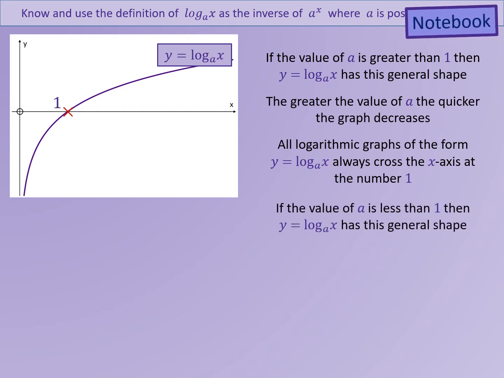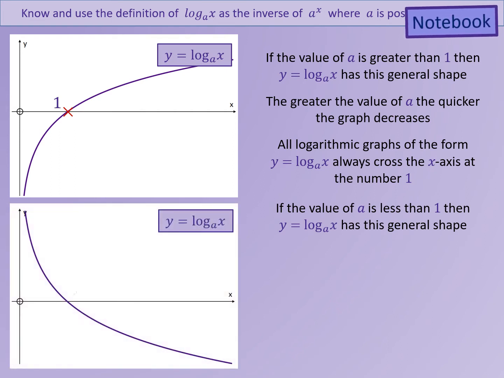If, however, the value of a is less than 1, so I'm talking here about a base value between 0 and 1, then the log curve has this general shape. And if you remember when we were doing our exponential work on the previous presentation, we had a different shape curve for when a was greater than 1 to when the value of a was between 0 and 1.